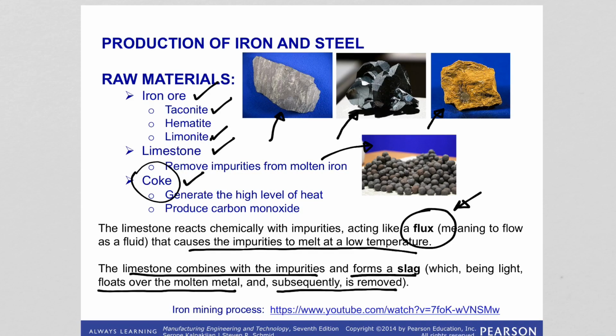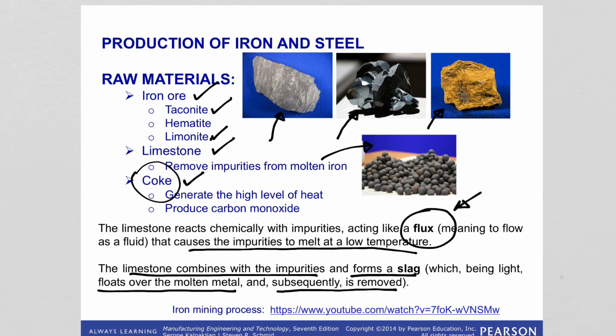What are the functions? Why do we need coke in iron and steel making? Because it has several important functions. First of all, it generates a high level of heat that is required for chemical reactions to take place. In iron making, there are several chemical reactions that need to take place.